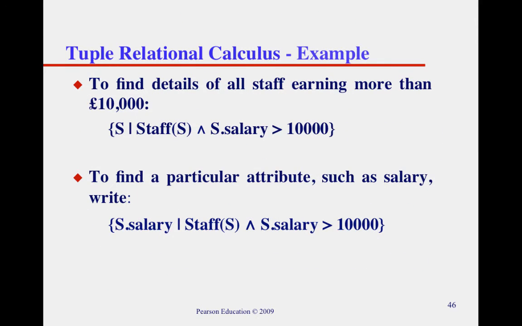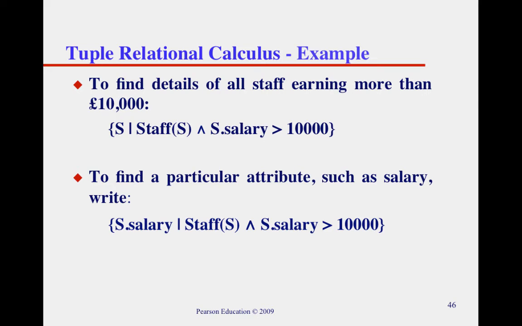Okay, so here's some examples. This particular one is saying we want the set S such that S is in staff and S dot salary is greater than 10,000. So we're saying list all staff whose salary is greater than 10,000.